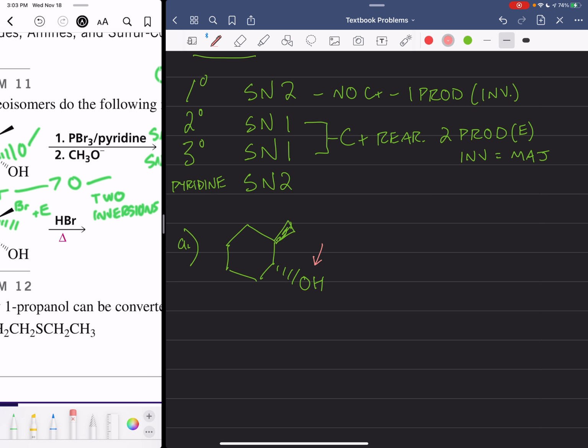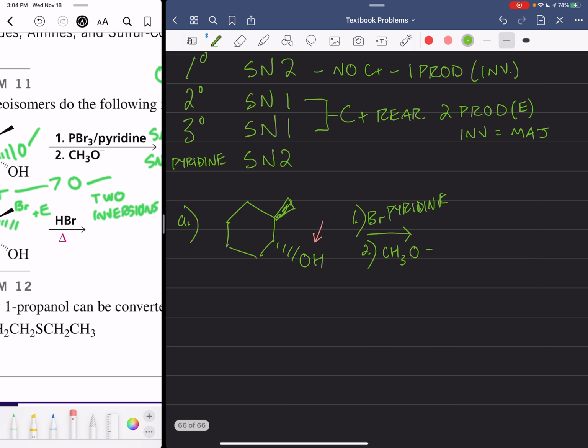And we have a two-step reaction here. We're adding a Br pyridine, and then we're adding a nucleophile, methoxy. Two steps.